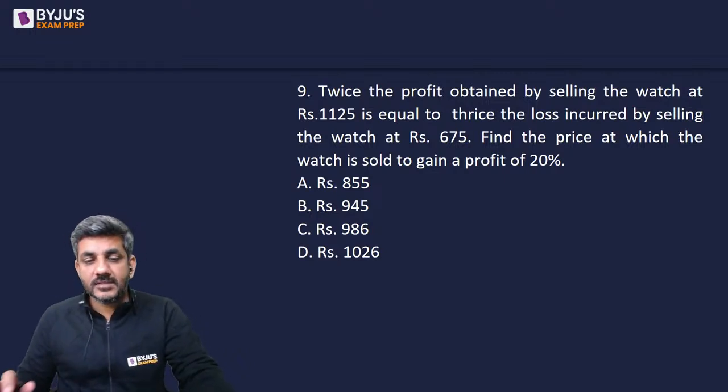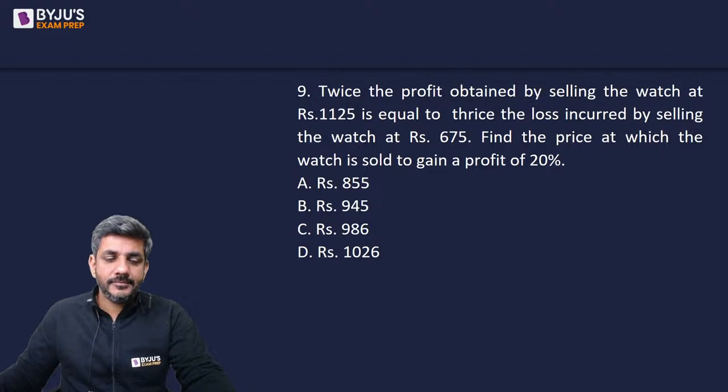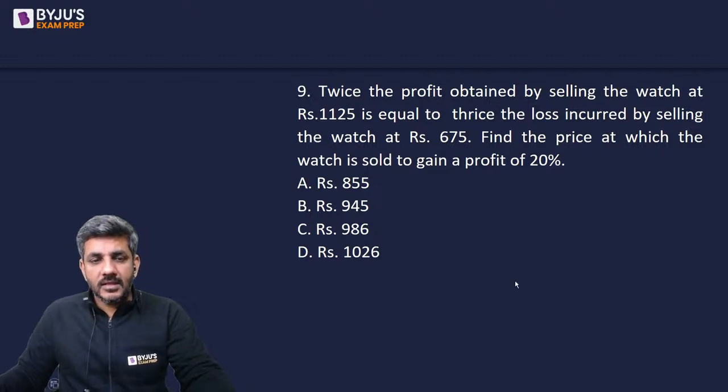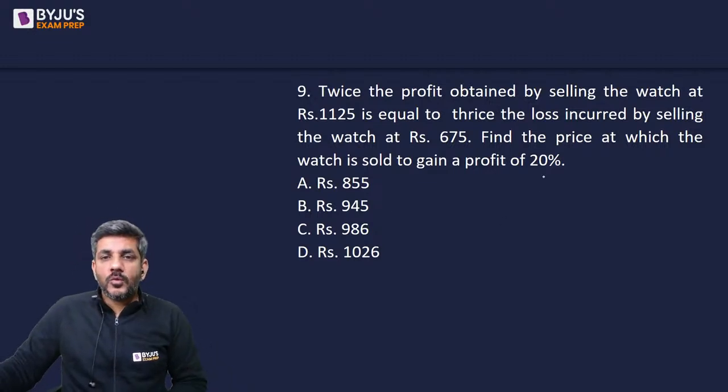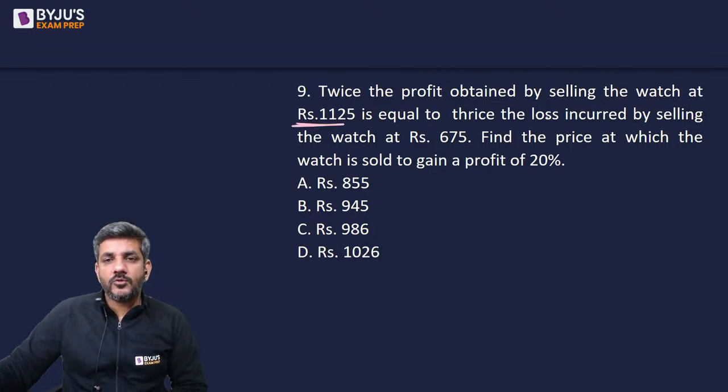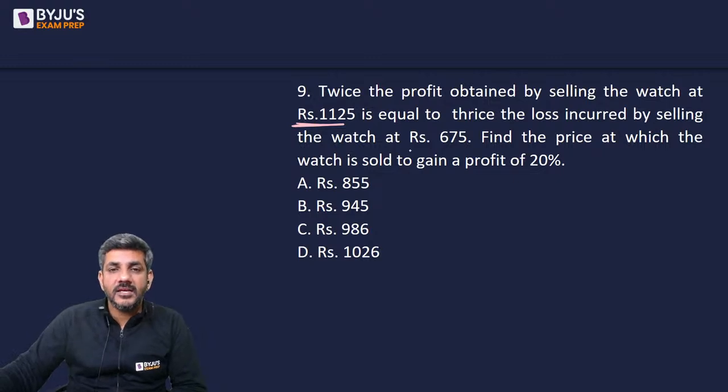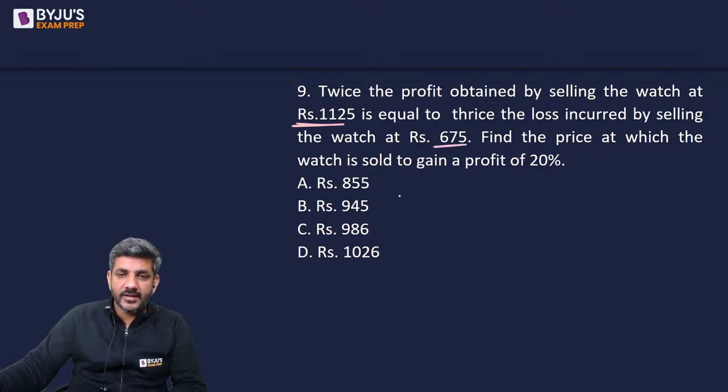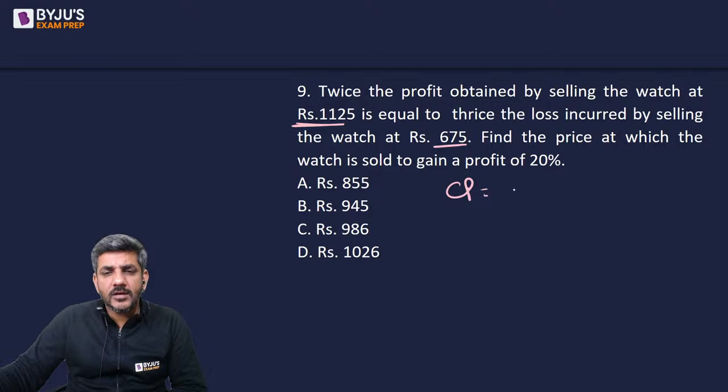These kind of questions are pretty common in these exams. Let's have a look at this question. Twice the profit earned by selling the watch at rupees 1125 is equal to thrice the loss incurred by selling the watch at 675. So of course profit and loss are calculated on the cost price.